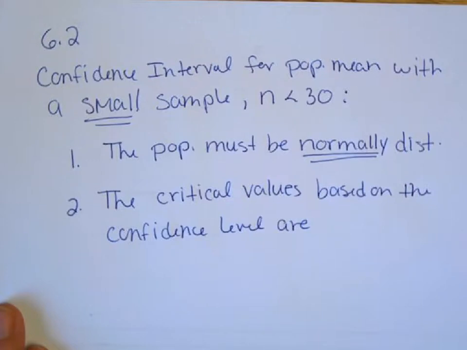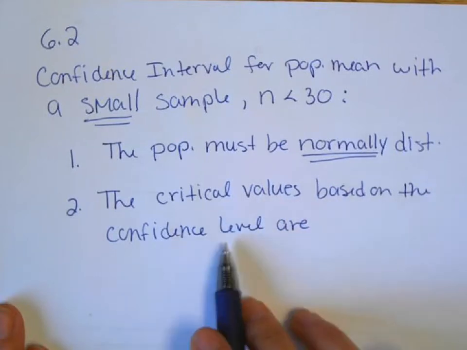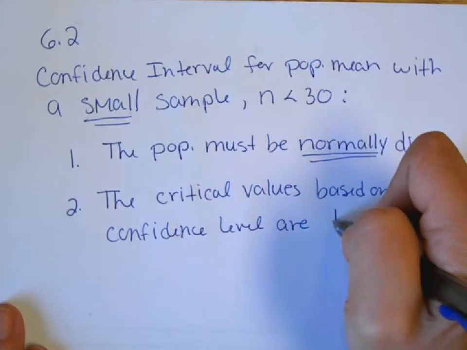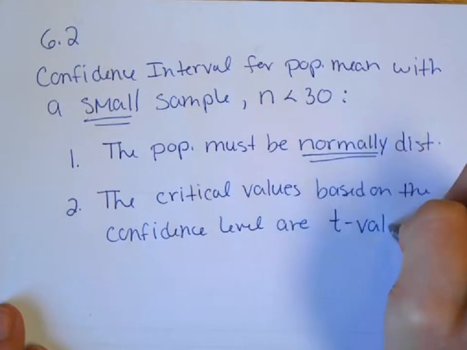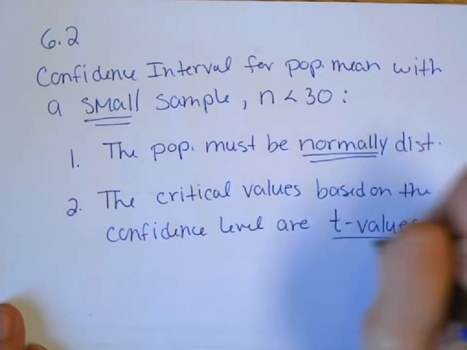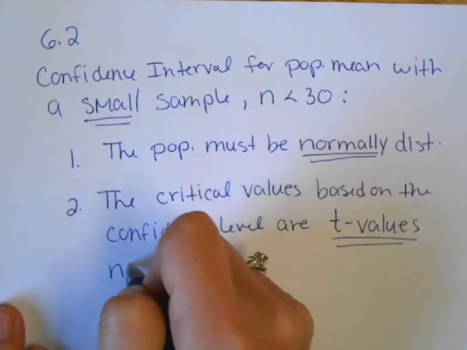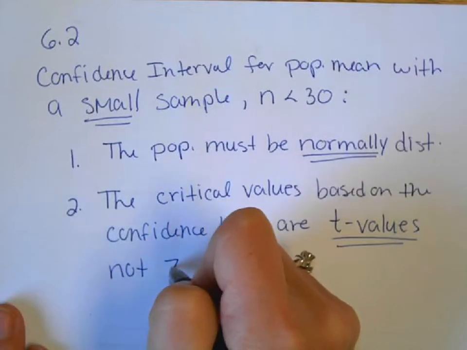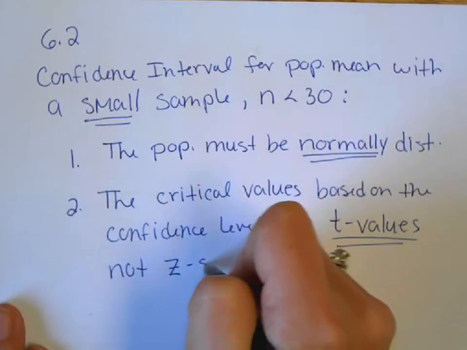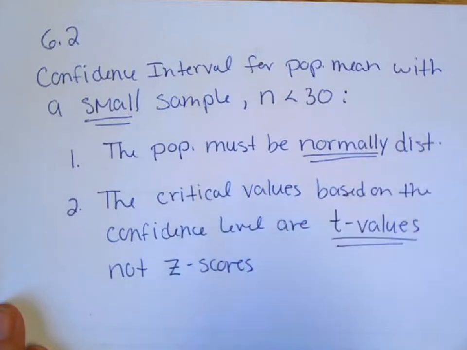Remember we did the z-score for 90% confidence, the z-score for 95, we used the inv norm. That's the only difference: we're not going to use z's, we're going to be using t's. So the critical values based on the confidence level are t-values, not z's, just because it's a small sample.